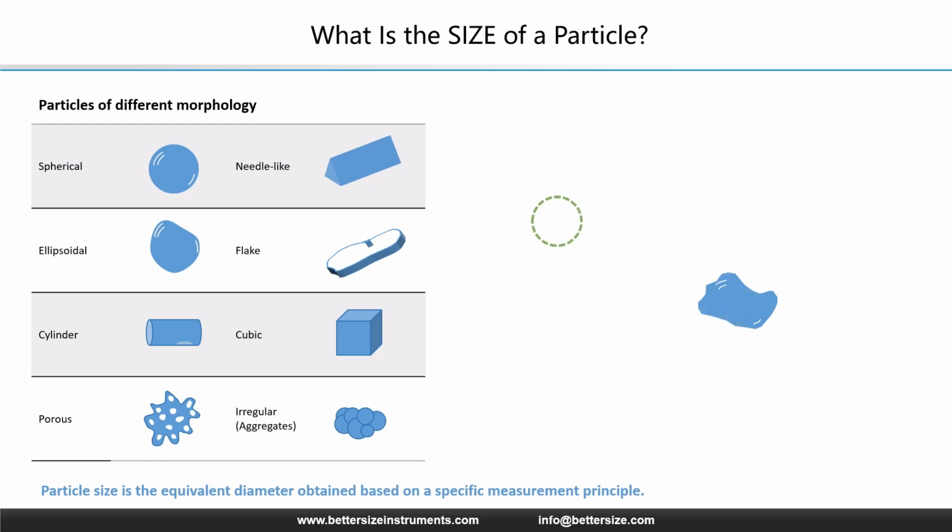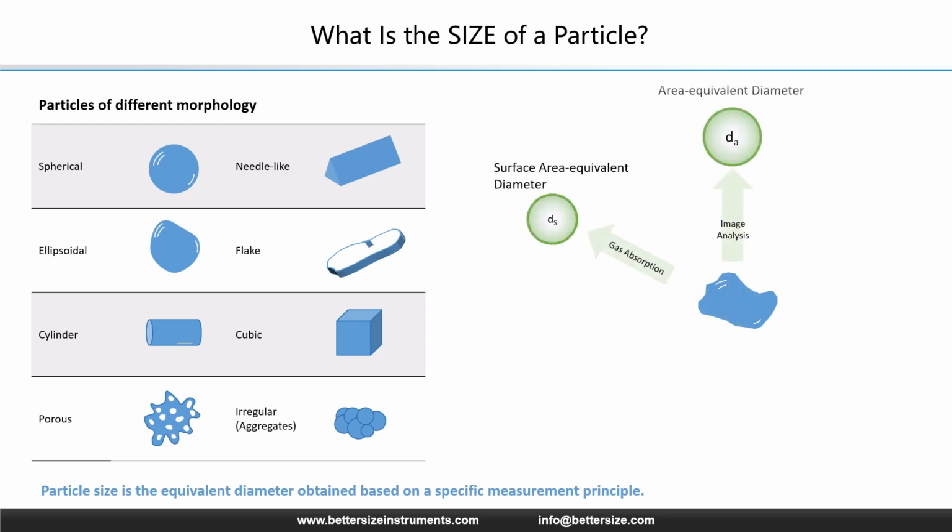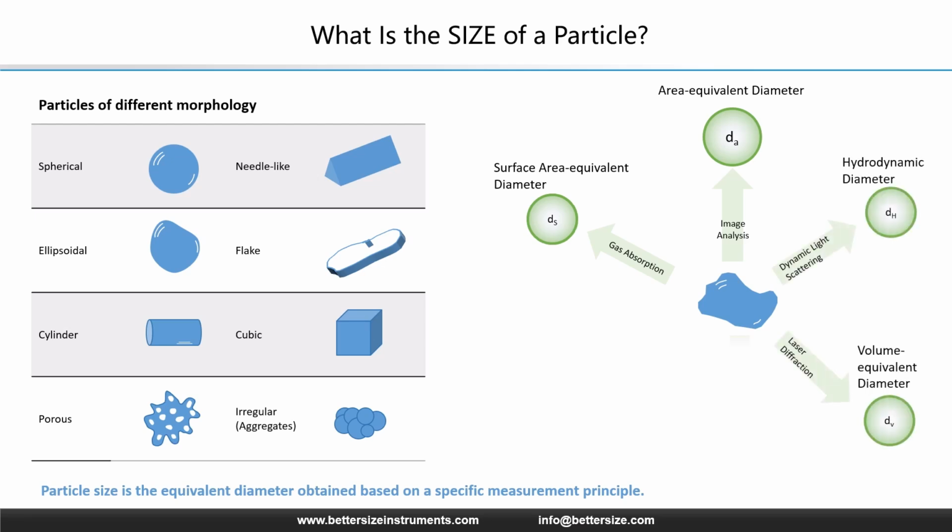Look at the diagram on the right. To measure an irregular particle, we must compare it to a perfect sphere that behaves the same way. If we measure how fast it settles, we get a sedimentation diameter. If we measure how it passes through a mesh, we get a sieving diameter.